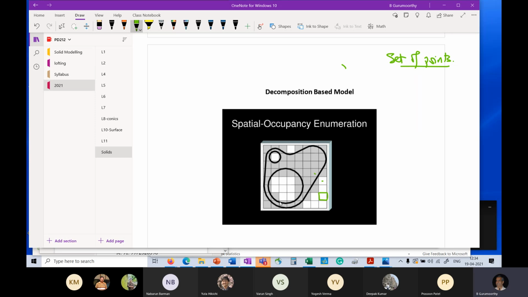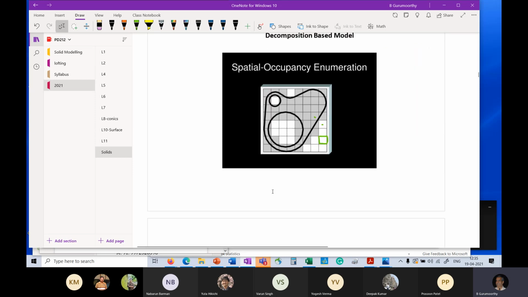Because given a regular grid like this, it is very easy for you to quickly find out which cell the point lies in. And then you have a label on every cell, and therefore you can quickly decide whether the point is inside or outside. So this is one example of a decomposition based model where I cluster these points into these cells and use the cells to represent the object. That's the decomposition I do.